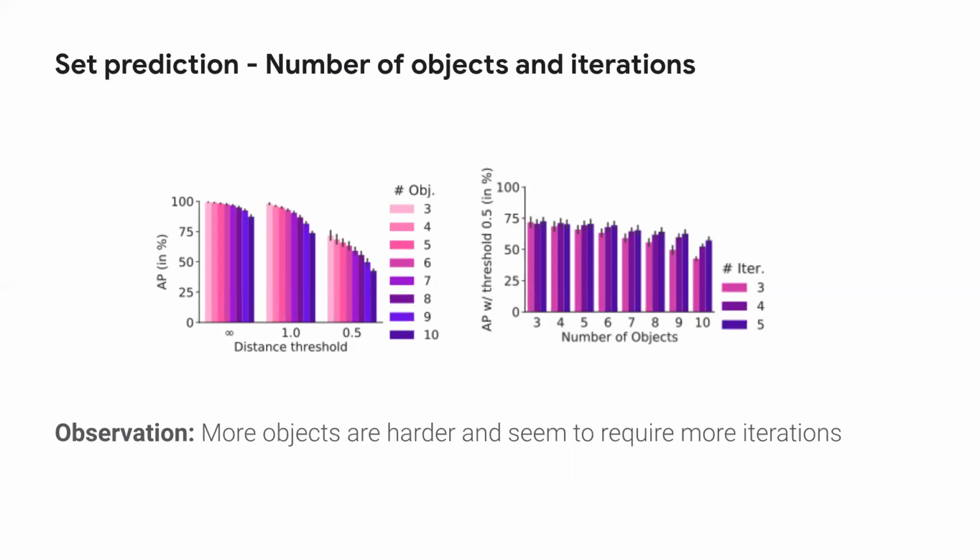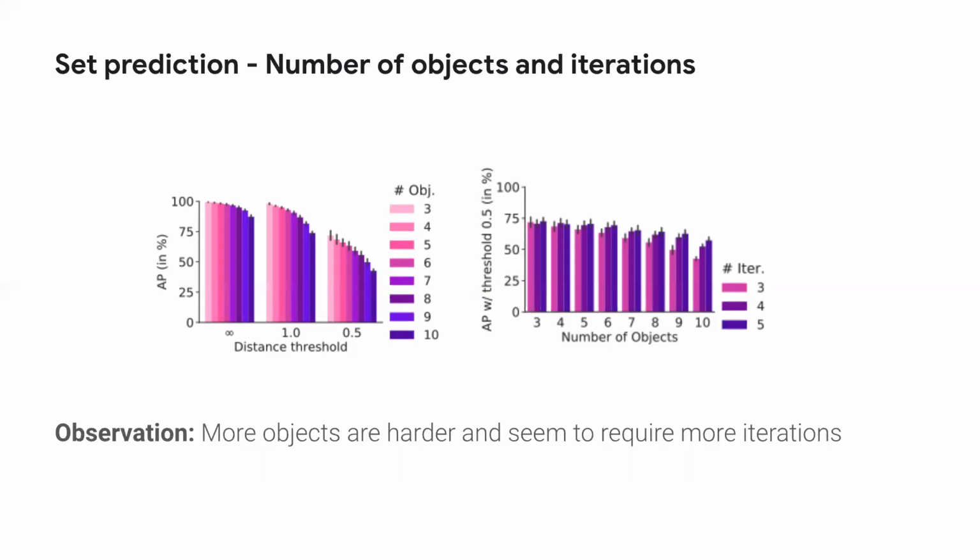But you also see on the plot on the right that for more crowded scenes, having more iterations actually helps quite a bit. This indicates that, of course, having more objects is harder, but it also seems to require more reasoning steps to really be able to separate the objects in a meaningful way.